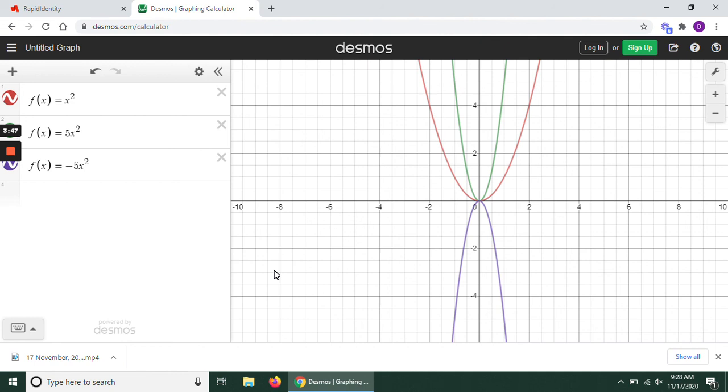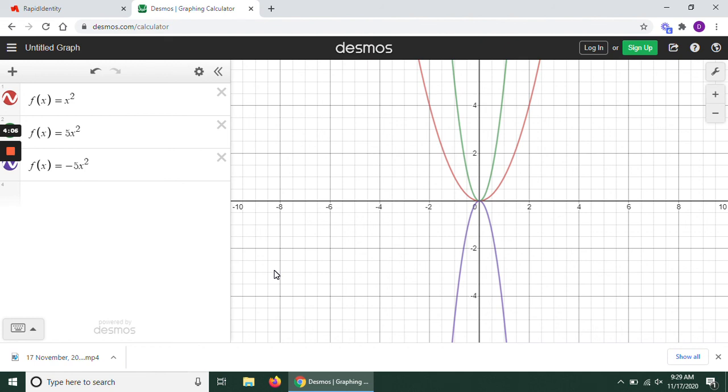All the negative sign is saying to us is there is going to be a reflection. Yes? So after the graph has been stretched, let me repeat that.